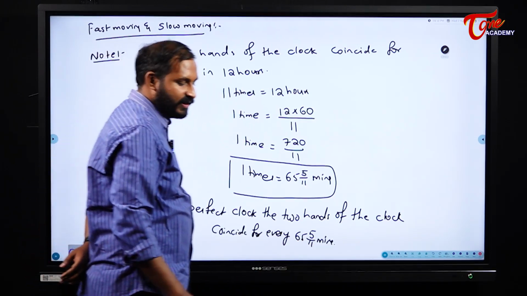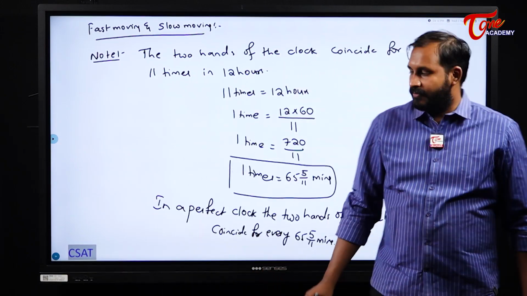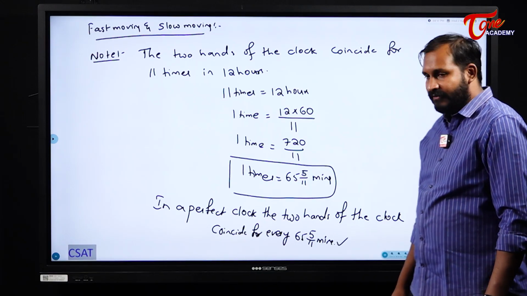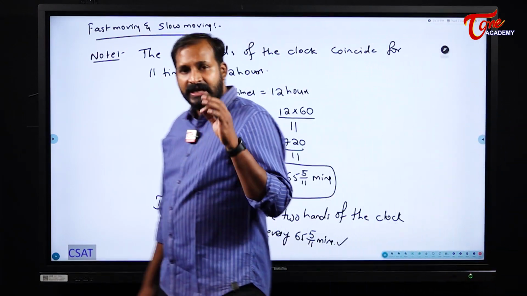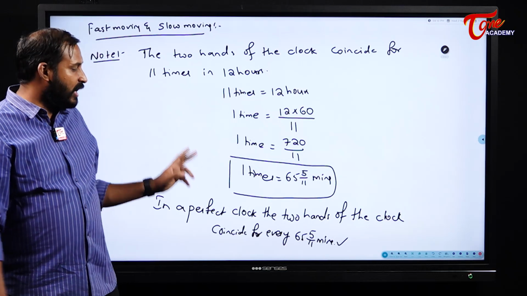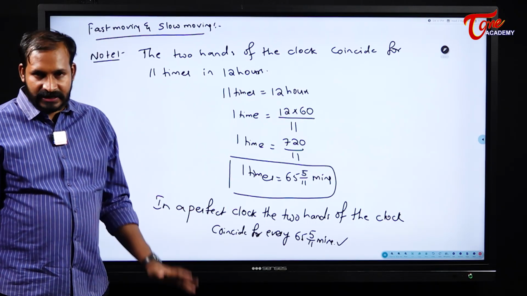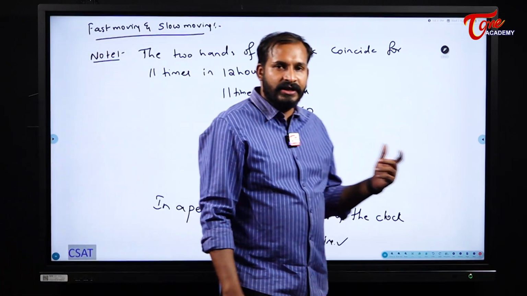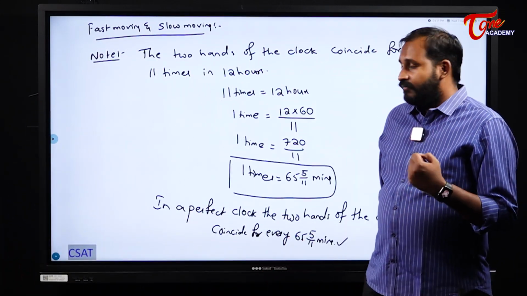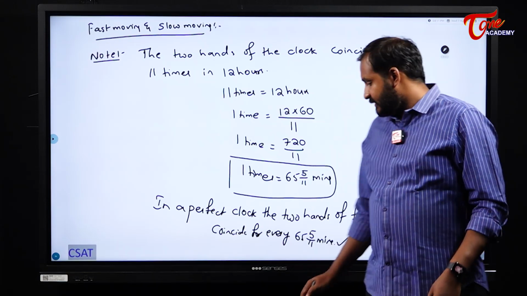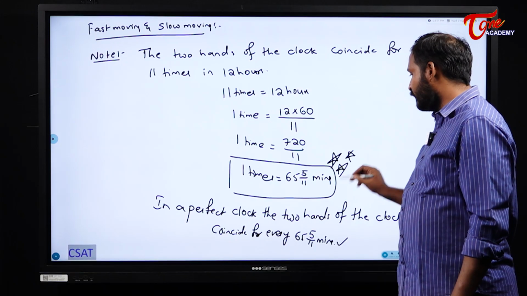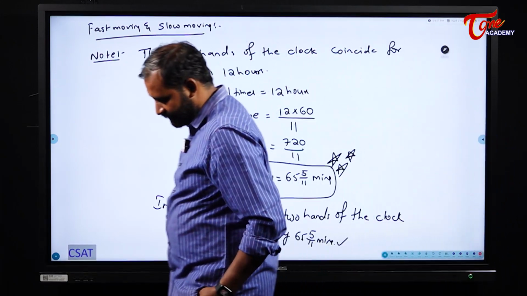Okay, how will we check whether the clock is working perfectly or not? If the two hands coincide every 65 5 by 11 minutes, then we can say that the two hands of the watch are working perfectly. So like this we are going to check whether it is a perfect clock or not. This is very, very important, students. The two hands of the clock will coincide every 65 5 by 11 minutes.